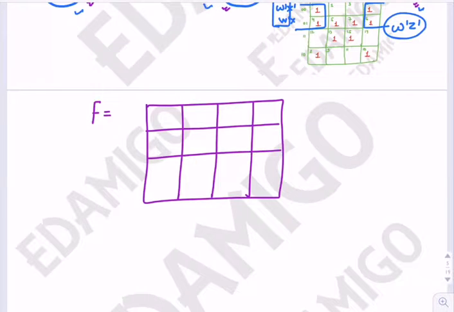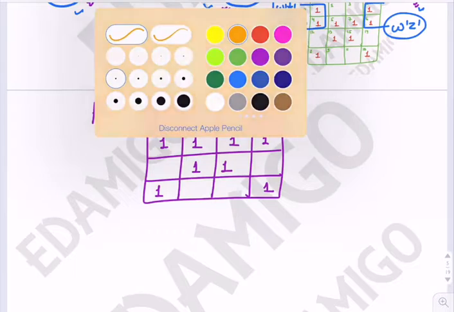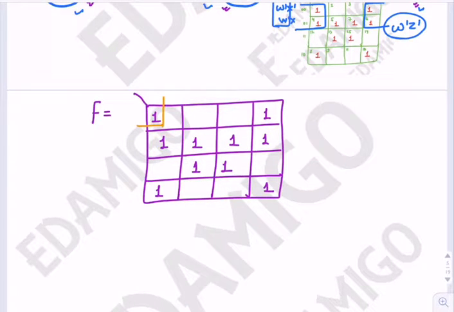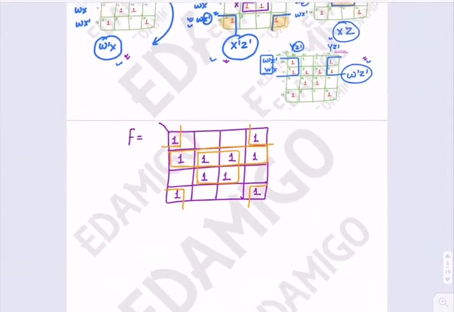Okay, so for example, in the same example, this was the function. So this was one prime implicant as we have seen, this was another prime implicant, and this was another prime implicant.